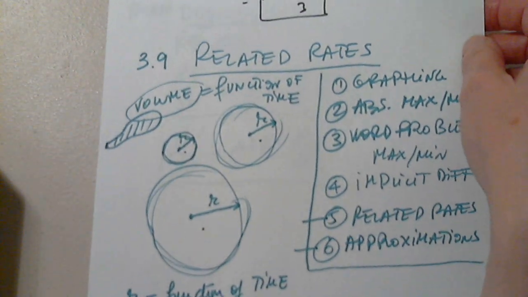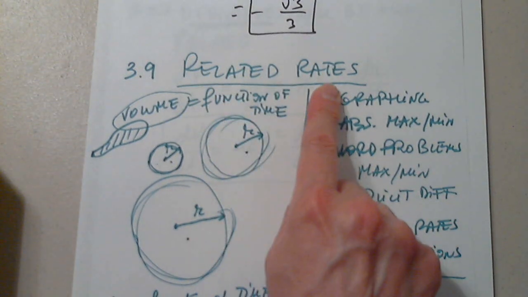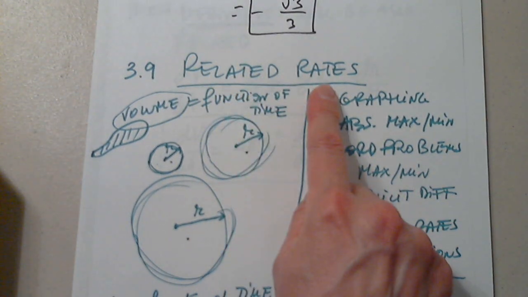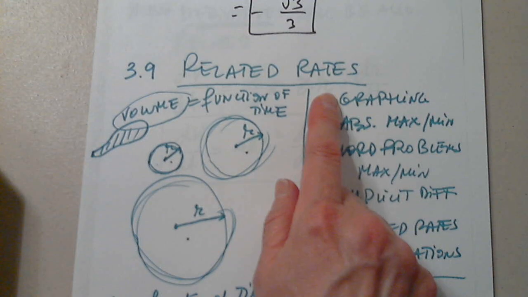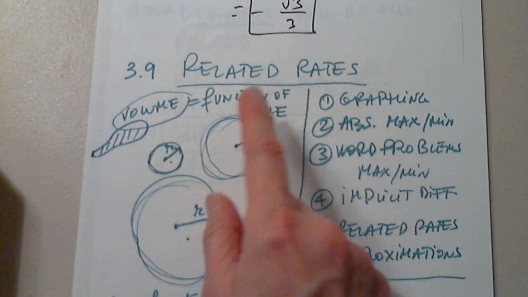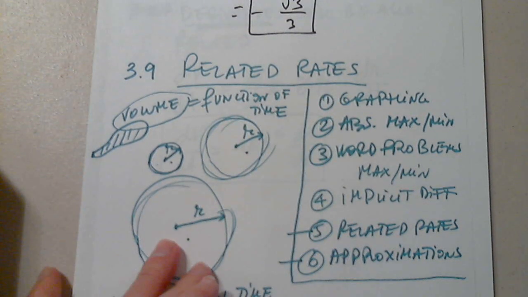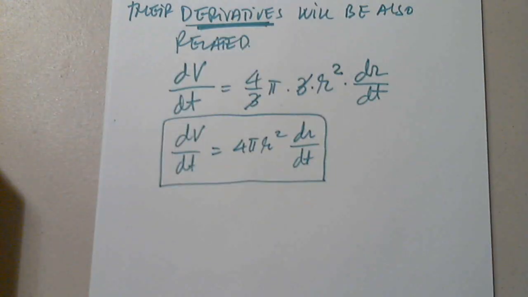So that's the meaning of related rates, related derivatives. They are in the same equation. They are influencing one another. That's what it means. So let's take a look at a few examples.